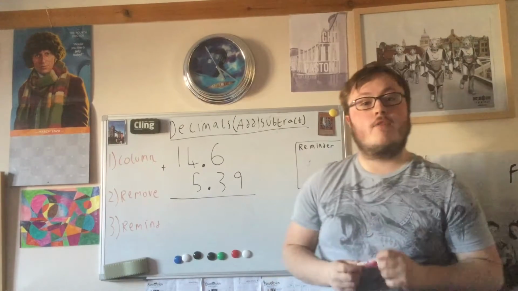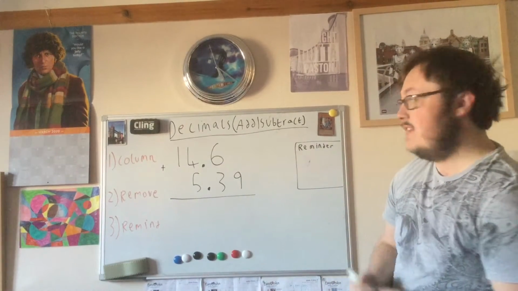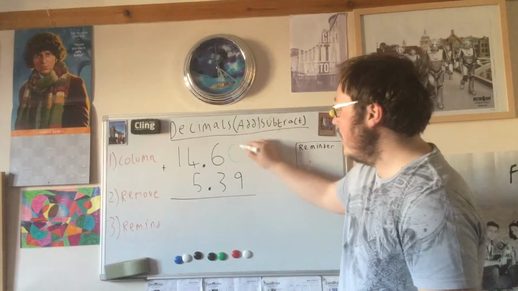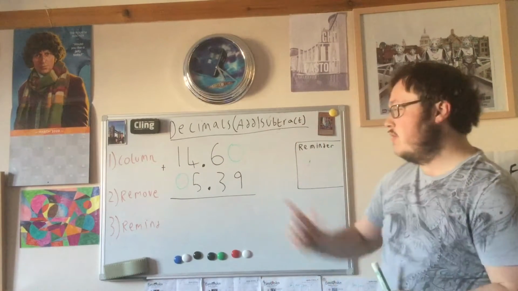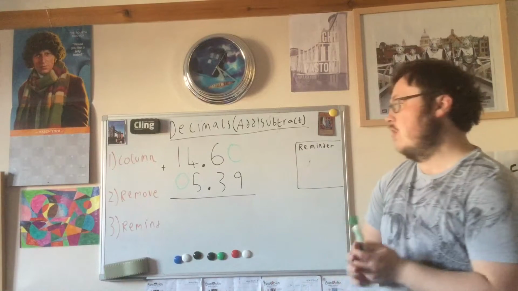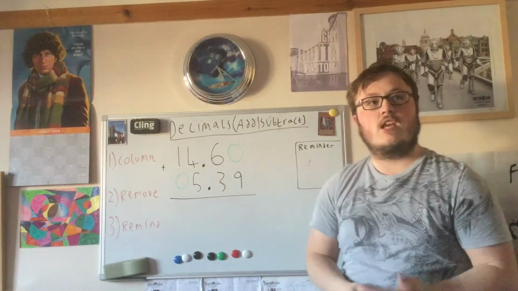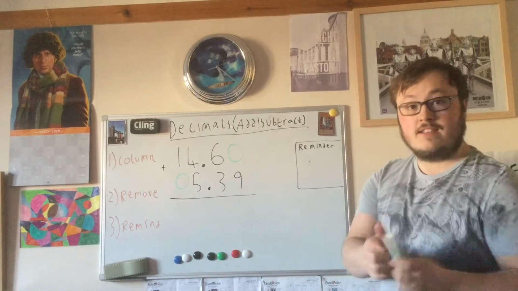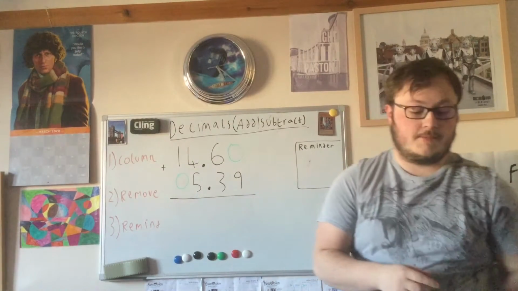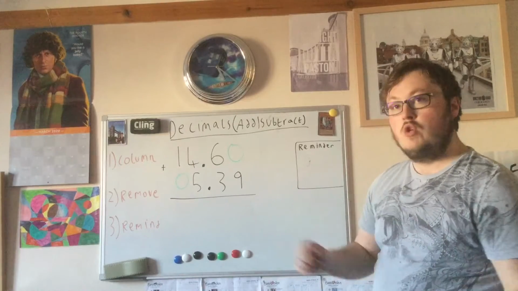Now remember, whenever I do a column method, I always add zeros when there are gaps. Because then you know that you're adding at least 9 onto something or 1 onto something. You know you're doing that. You're not just filling in blanks. So, that's step 1. I've columned it. Now step 2, the removal.